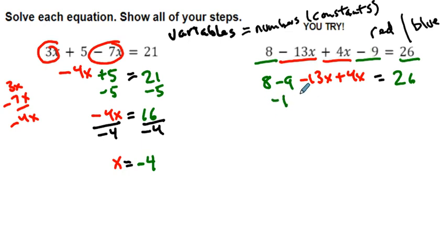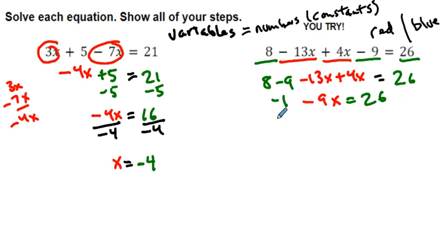Add those up, you get negative 1. And then add up your variables, and you get minus 9x, equal to 26. To me, this is a lot cleaner. It's a lot easier to work with. It just makes more sense.